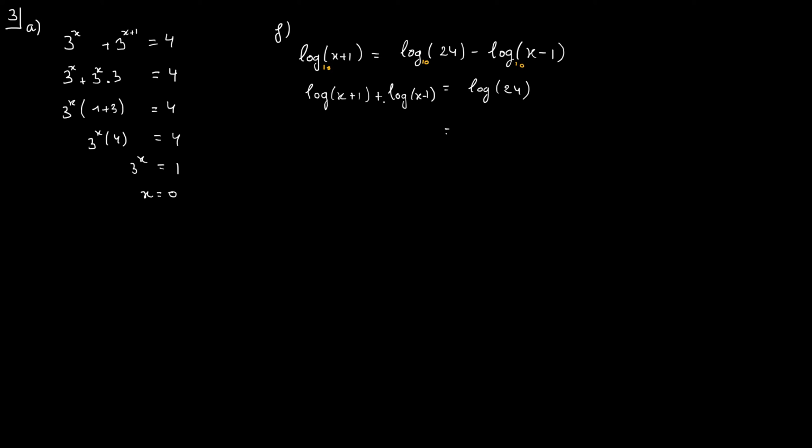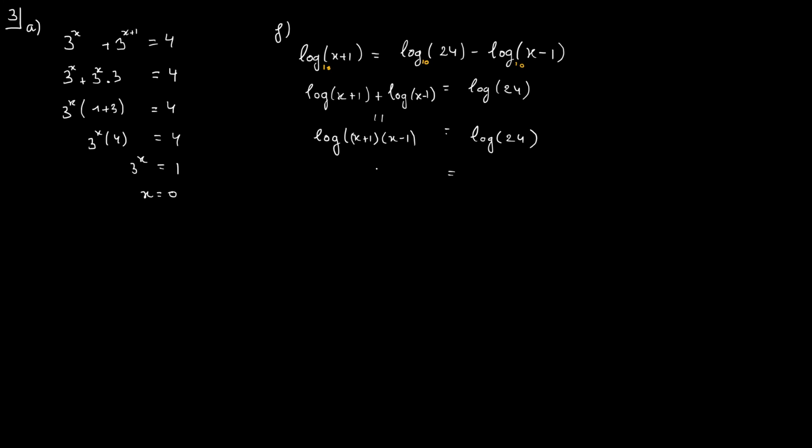And why does this make sense? Of course, refer to your theory, but basically it has to do with these being inverses of exponents, right? And so this is kind of like, in a sense, a multiplication. So what you get is actually (x + 1) times (x - 1) is equal to log 24.